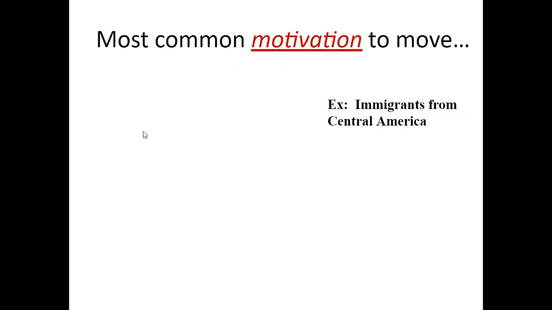Okay, so now we're doing Ravenstein's laws. This guy, Ernest Ravenstein, was analyzing movement back in Germany, way long ago, around the turn of the century. What he found is that there seem to be some common reasons that people move. For each of these Ravenstein laws of movement, you're going to write down the law and an example.